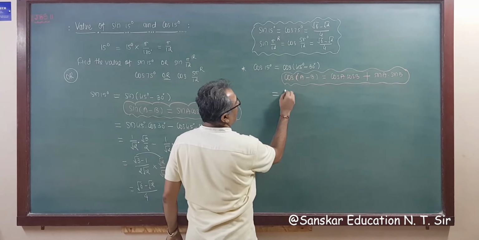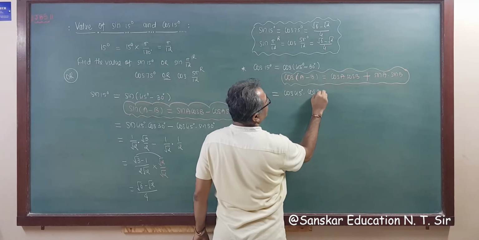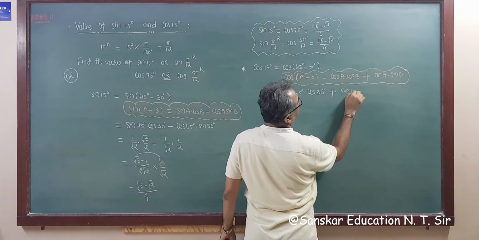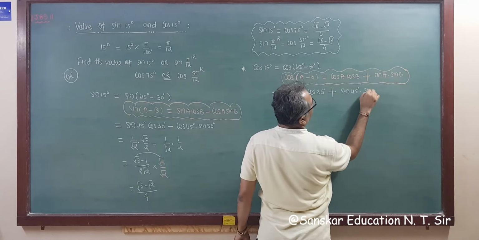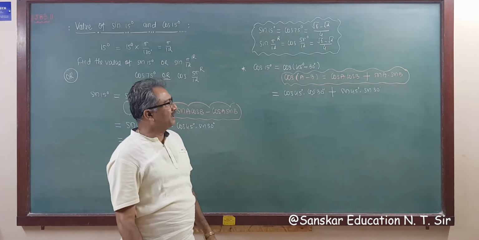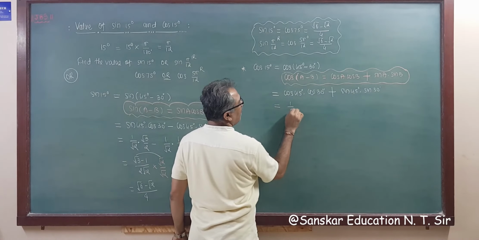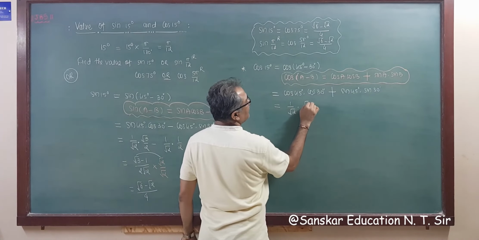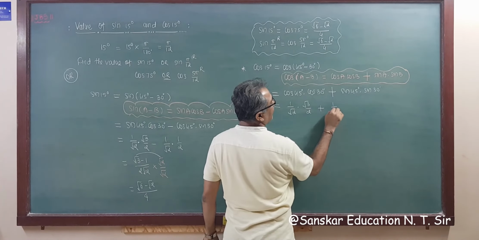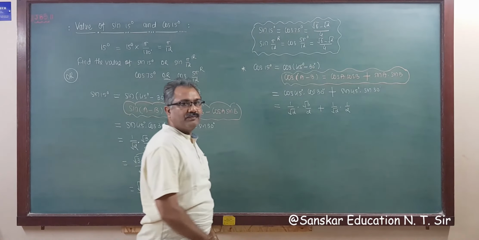This is cos 45 degree into cos 30 degree plus sin 45 degree into sin 30 degree. Cos 45 again 1 upon root 2, cos 30 is root 3 by 2, plus sin 45 is 1 upon root 2 and sin 30 is 1 upon 2, right?